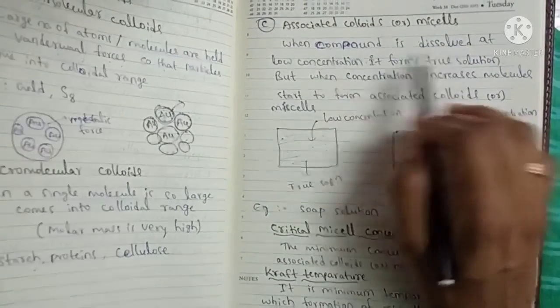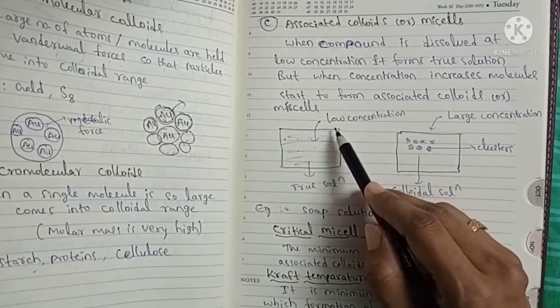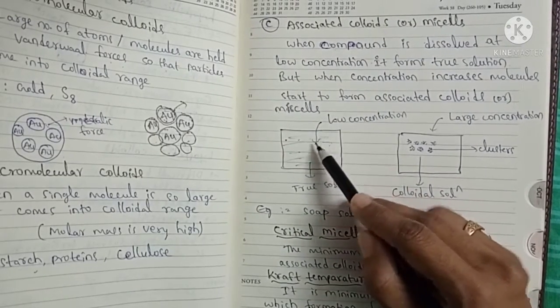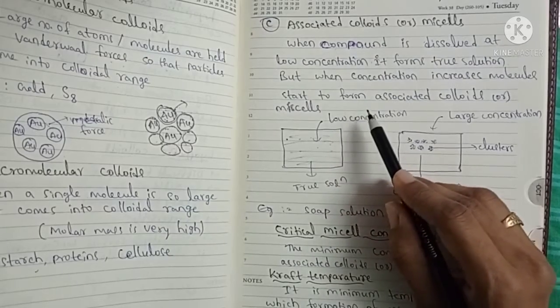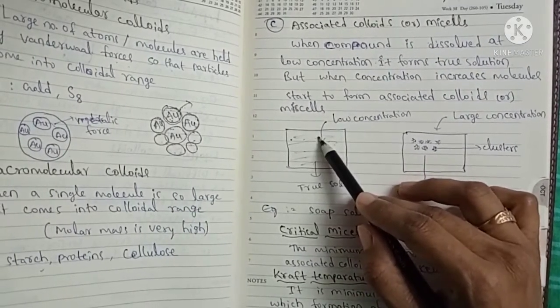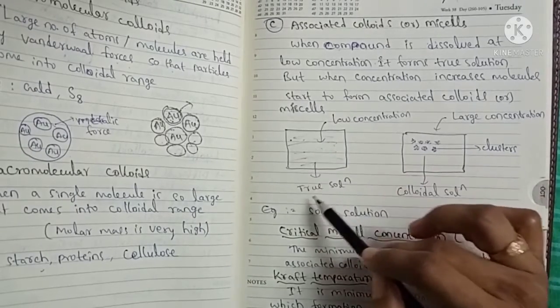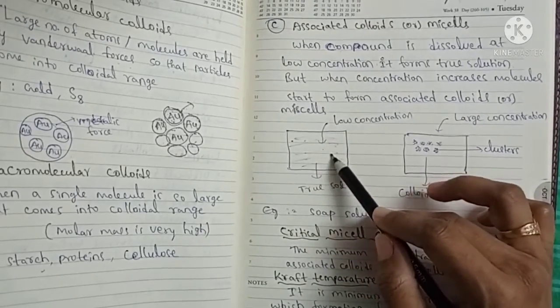When a compound is dissolved at low concentration, for example, if you take water and add some soap powder, crushed soap, it behaves like a true solution, meaning the soap will be completely miscible in the water.